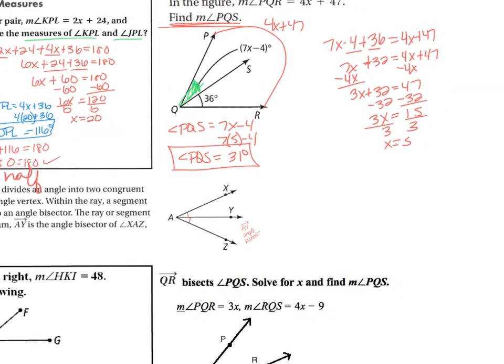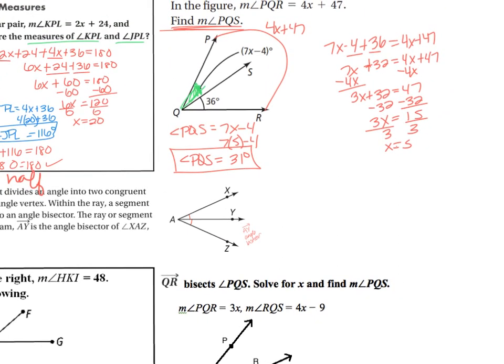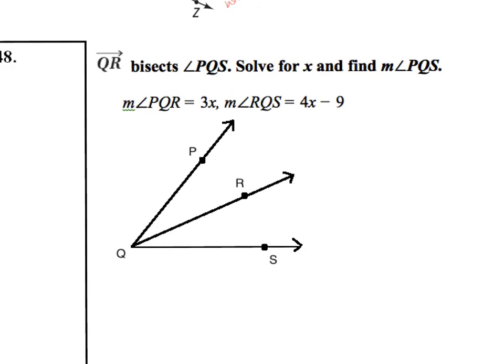All right. Let's go over here. So ray QR bisects angle PQS. That means those are congruent. Solve for X and then find the measure of PQS. The measure of PQR is 3X and RQS is 4X minus 9.